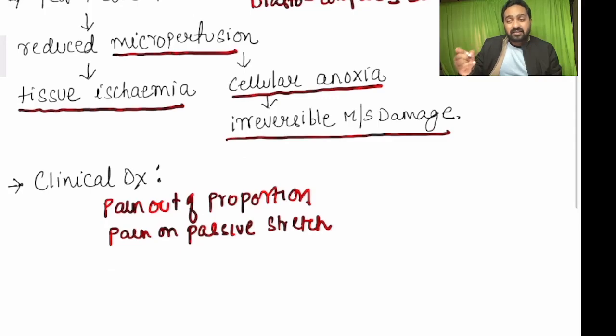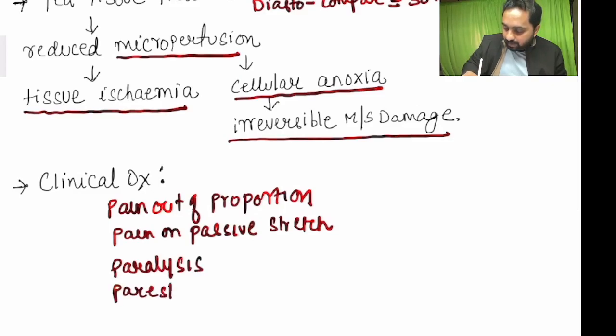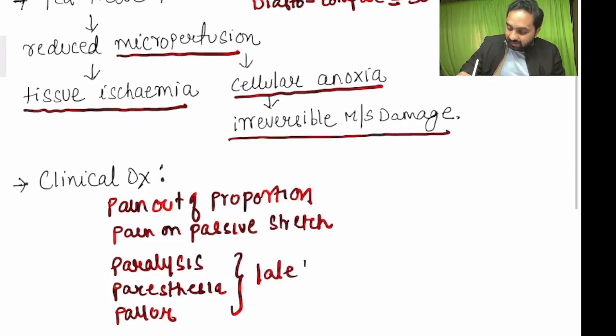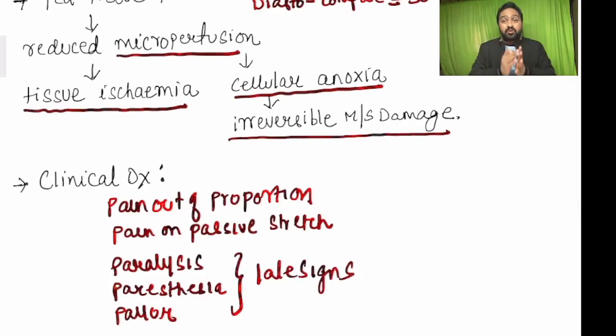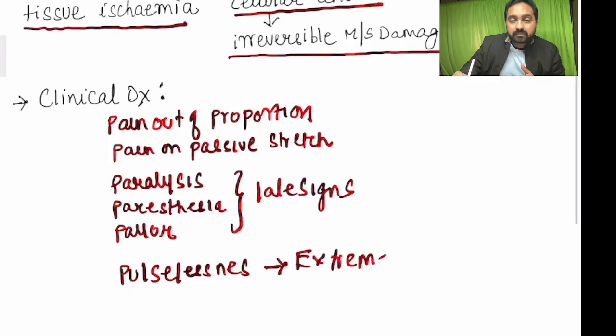Other signs include paralysis, paresthesia, and pallor. But remember that these are late signs. So please do not wait for the development of pallor to diagnose a compartment syndrome, or pulselessness, because remember, it is an extremely late sign.